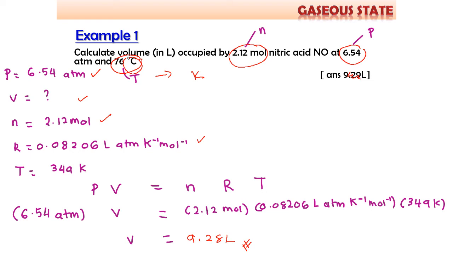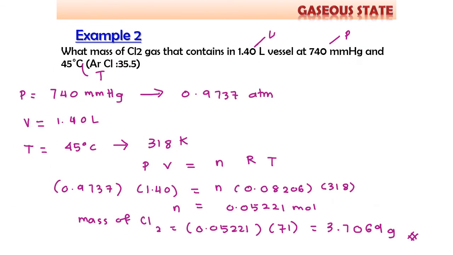For the next question, what is the mass of Cl2 chlorine gas contained in a 1.4 liter vessel? So this is the volume, and 740 millimeter mercury is the pressure, and then 45 degrees Celsius is the temperature.